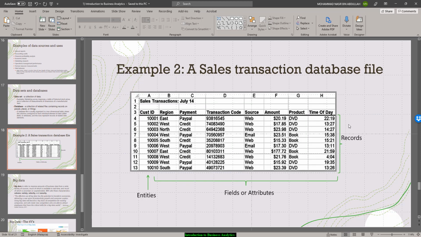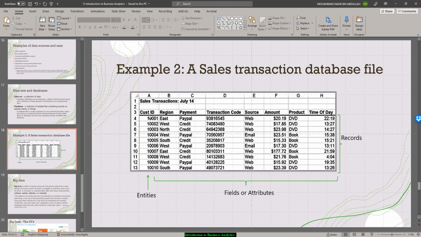So this is example number 2, a sales transaction database file. Now this is a dataset, example of dataset. Tadi saya cakap berkenaan dengan dataset. We have basically a number of columns and number of rows. So columns ni kita panggil variable.